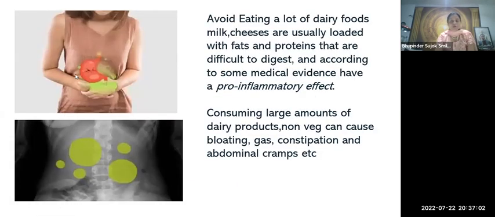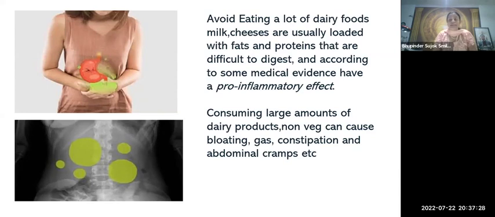Then we should also avoid eating a lot of dairy foods, milk, cheese. If we add a large amount of non-veg and dairy products in our diet, it can cause bloating, gas, constipation, and abdominal cramps.